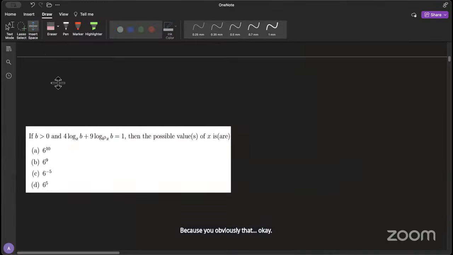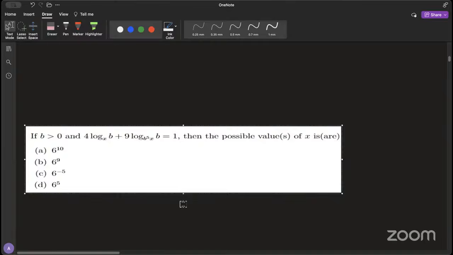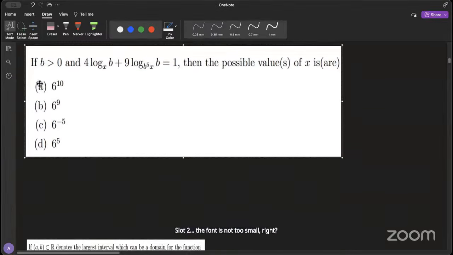So this is the next question. The question's visible, right? The font is not too small? So this is the question. Give this one a try.